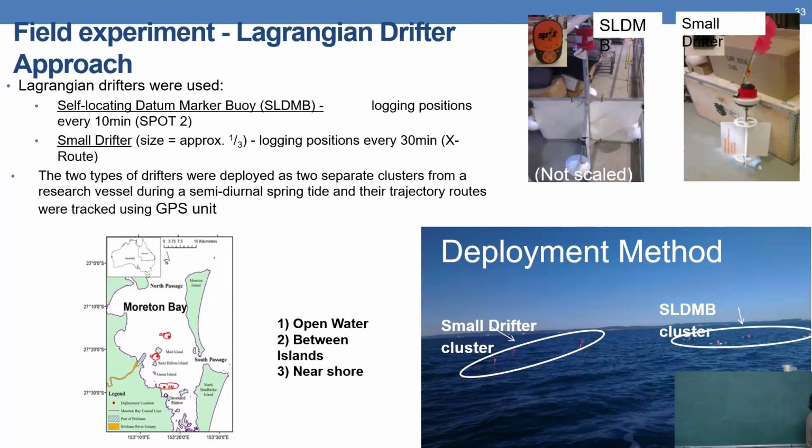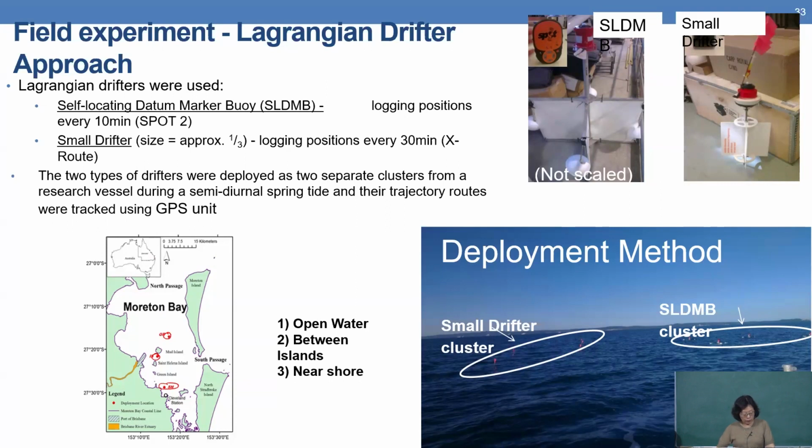When we throw those drifters, it's actually a cluster, not just a single one but a group. Normally we ran for 12 hours, one tidal cycle. Then we get them back and analyze this information.